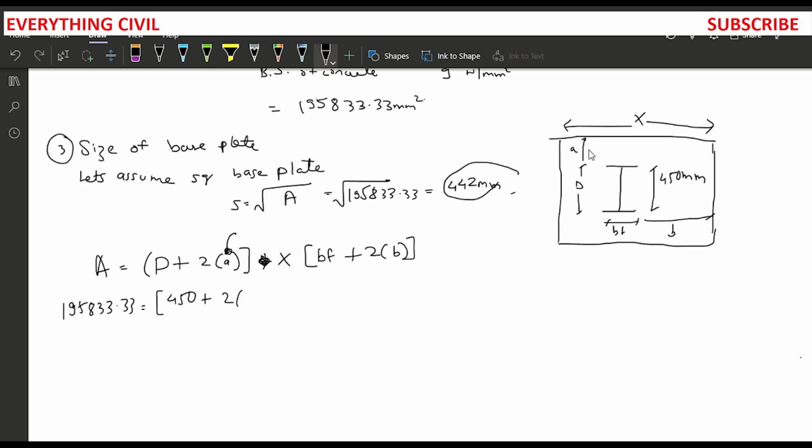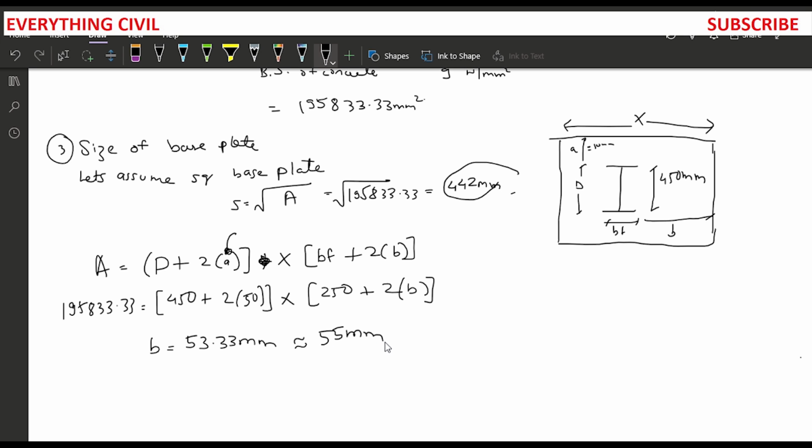I'll assume A is 50 mm on each side, so 450 plus 2 times 50, times BF, which is 250 plus 2 times b. Now I'll just equate it and find the value of b, which will be 53.33 mm. So just round it up; I'll take it as 55 mm.